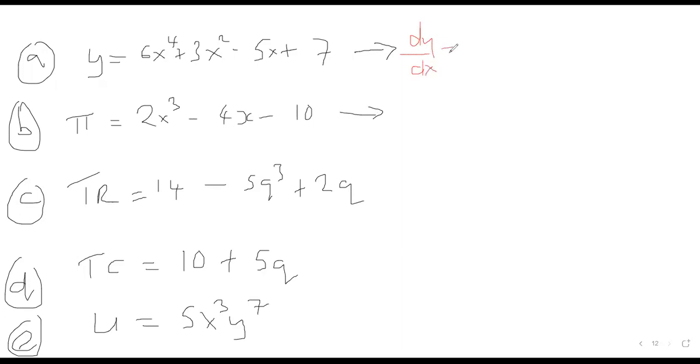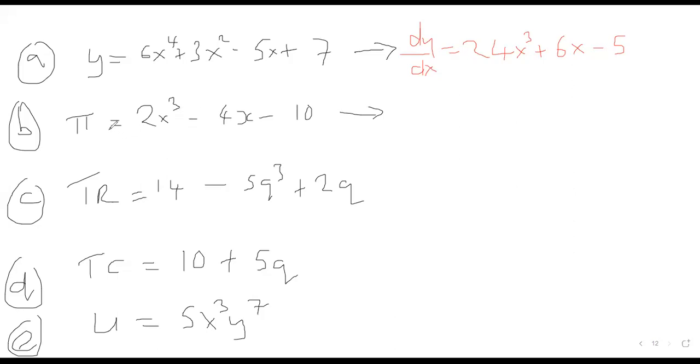Yeah, that one to be 24x^3 plus 6x plus... minus 5. Correct. Sure. So he differentiated this by that is 24. He subtracted 1 there. Then 3x squared becomes 6x. Then 5x is just 5. What happens to 7? To 7 because it has no x. That one disappeared. It's a constant. It disappears. Correct.